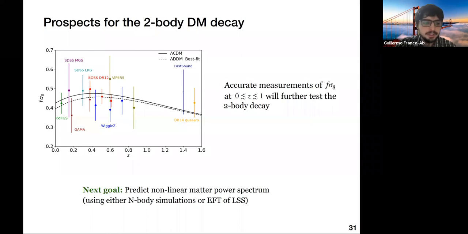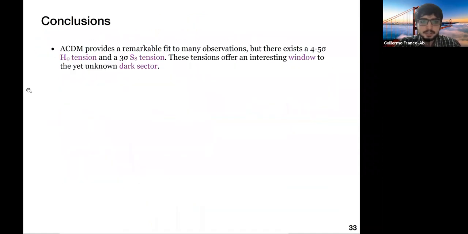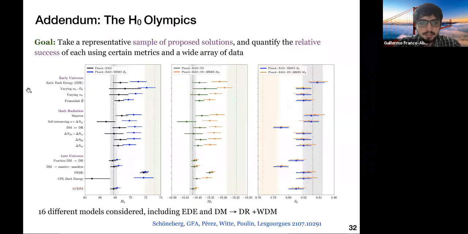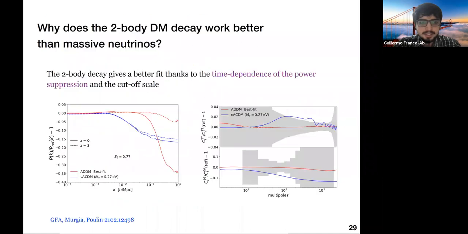Yeah, it's a very good question. We haven't done the exercise of explicitly checking the degeneracy with baryon feedback, but I only expect some degeneracy at late times, because what I find nice about this model is that it leads to a very particular time dependence of the power suppression.